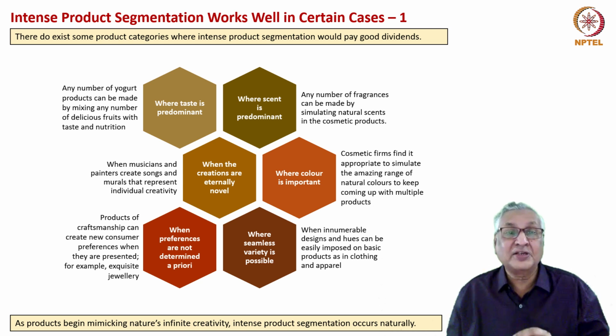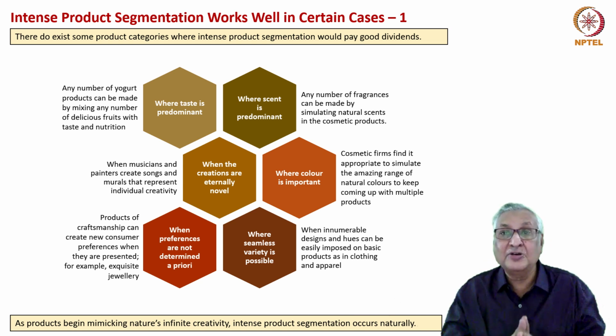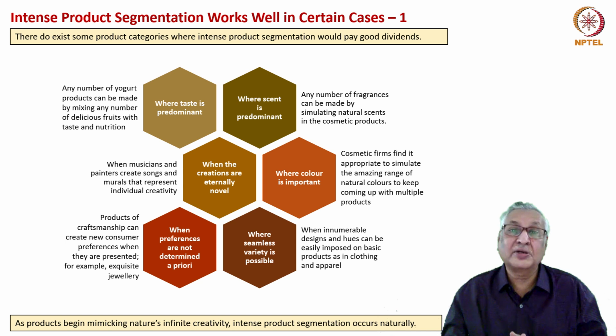The other place where intense product segmentation works is where seamless variety is possible. That is, there is no batching of your thinking process, there is no batching of your taste. When innumerable designs and hues can be easily imposed on basic products, as in clothing and apparel, then also intense product segmentation works well.